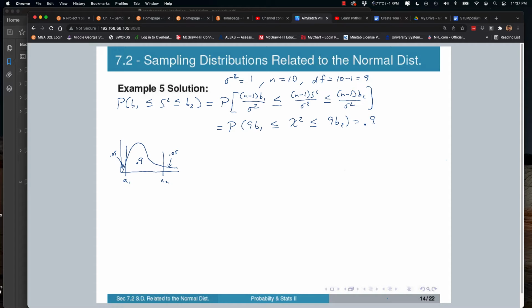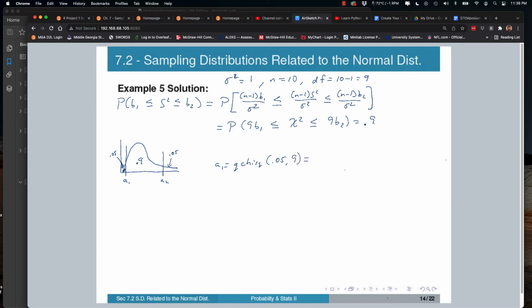So define a sub 1 such that the area between is 0.9. We need to use the q chi-square function, and we can do q chi-square of 0.05 on the bottom side, this area down here, comma, then we insert the degrees of freedom of 9.